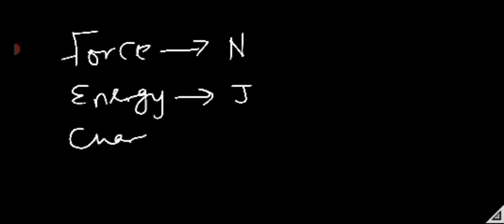An example is force. The unit for force is Newton, and the symbol is N. Another one is energy. The unit for energy is joules, symbol J. The other one is charge, which is Q. The unit for charge is coulomb, C. The other one is frequency.